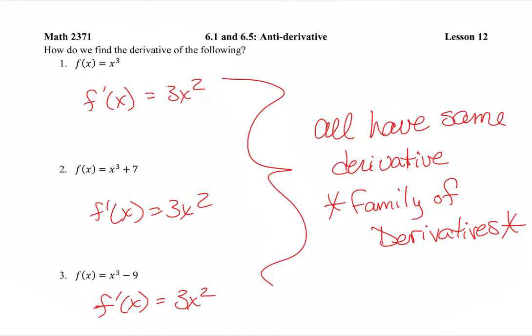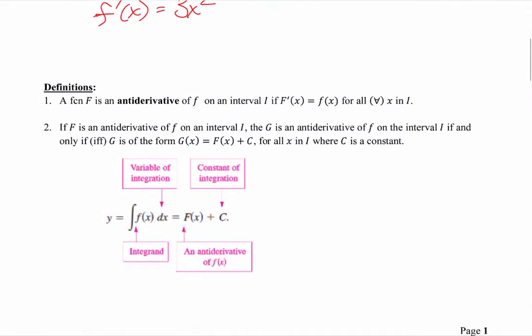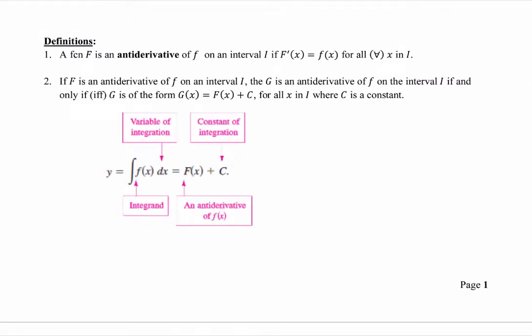So now what we're going to be doing is we're going to be going the other direction. So what I'm going to do is I'm going to give you the derivative. So this is the derivative. And you're going to tell me the original function. Okay?